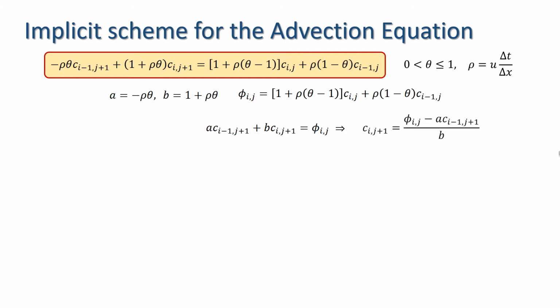We have this expression. Now, provided we have an upstream boundary condition, we can use this equation to sweep across the domain in the positive x direction, starting our calculation at c 0 j plus 1. Let's have a look at how that works.